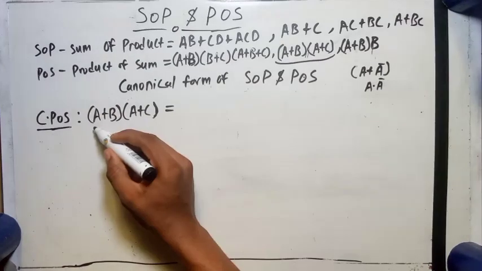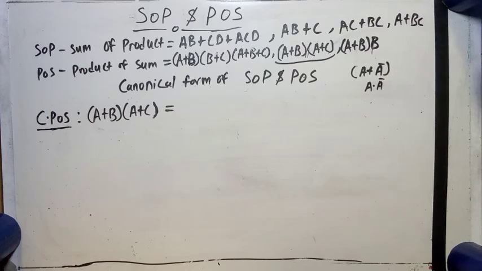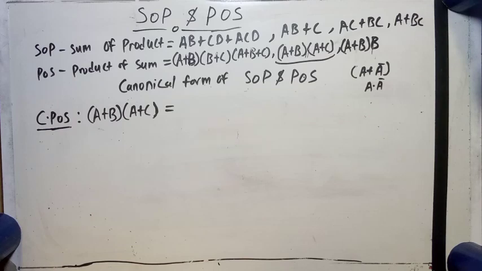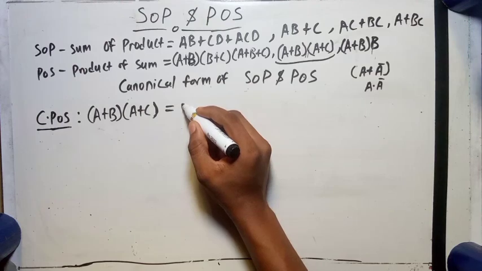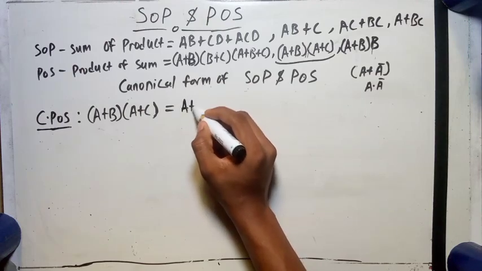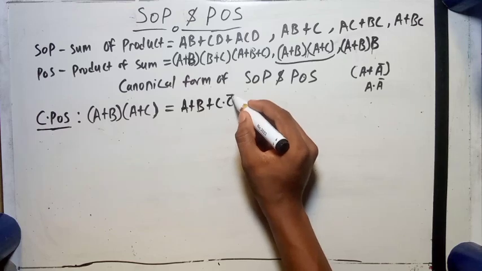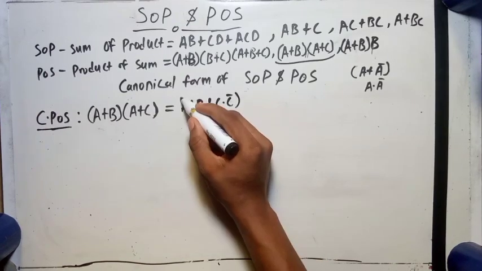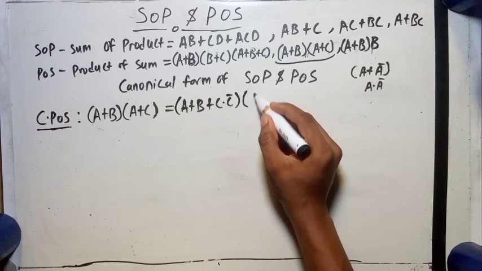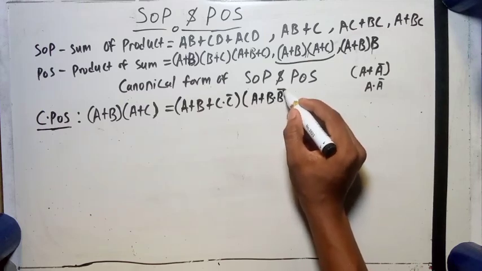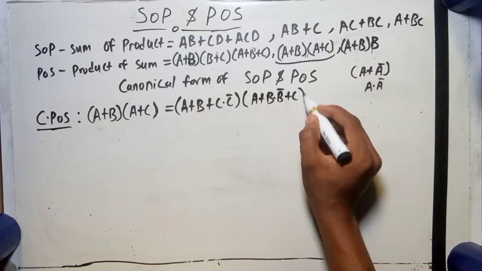Remember, our aim here is to make each of the products have A, B, C. In this case, we don't have D, so it's going to be A, B, C. What we are missing here is just C. So we're going to have A plus B plus C dot C bar, all multiplied by A plus B dot B bar plus C.